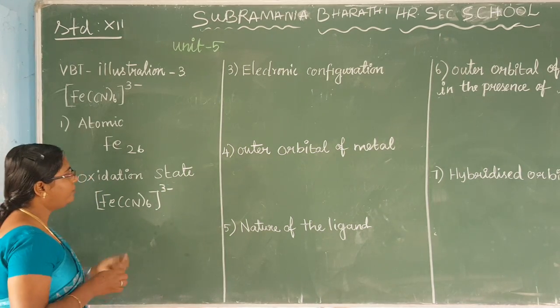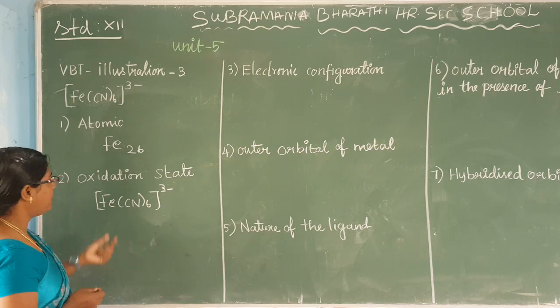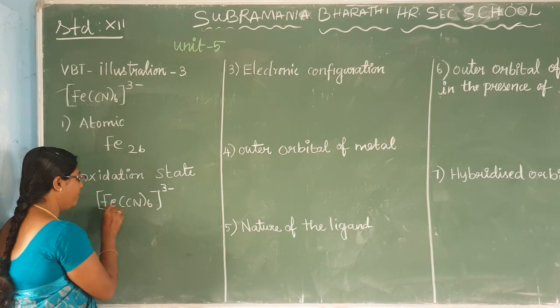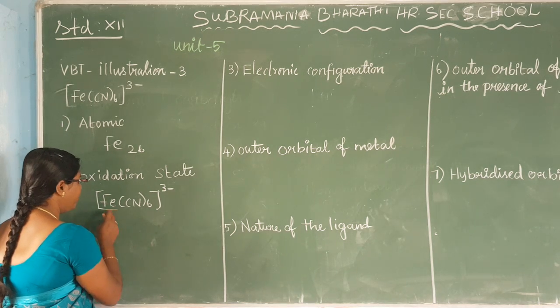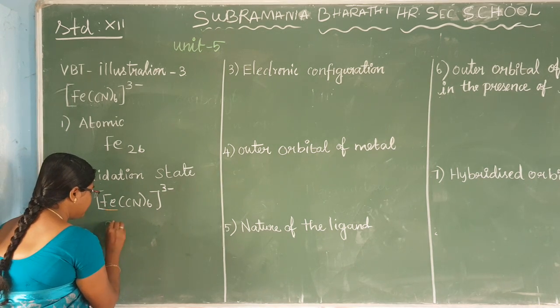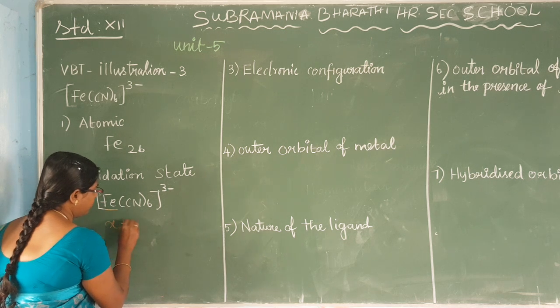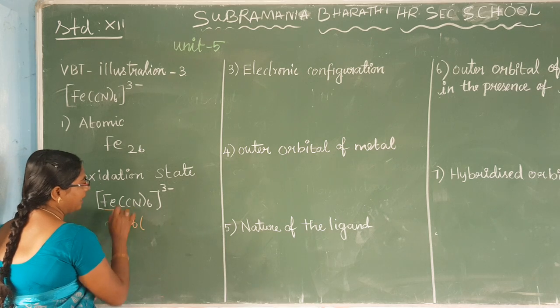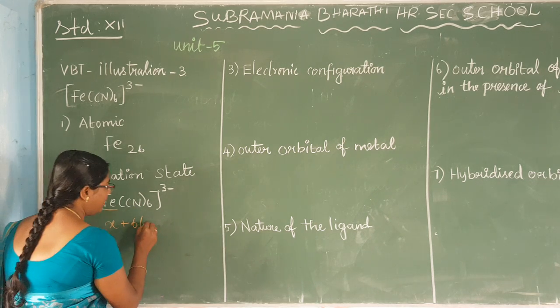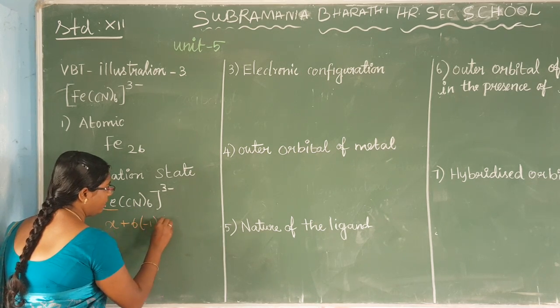Now I am going to find out the oxidation state of the central metal atom, iron. I am going to keep this as X. How many ligands are there? 6 ligands. For the cyanide ligand, what is the oxidation state? -1.